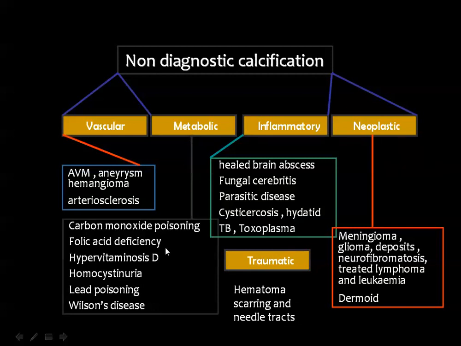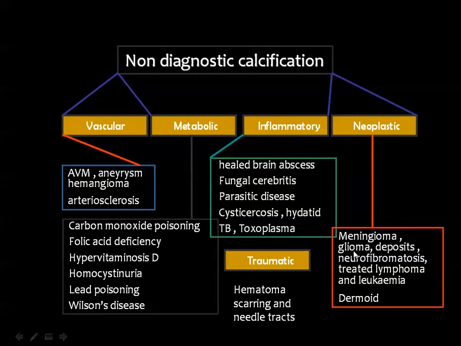Metabolic intracranial calcifications may be seen as in cases of carbon monoxide poisoning, folic acid deficiency, hypervitaminosis D, homocystinuria, lead poisoning, and Wilson disease. And inflammatory etiology of calcium may be seen in healed brain abscesses, fungal cerebritis, parasitic disease, cysticercosis, hydatid, TB, and toxoplasma. Also, some tumors can show calcium, like commonly the meningioma.